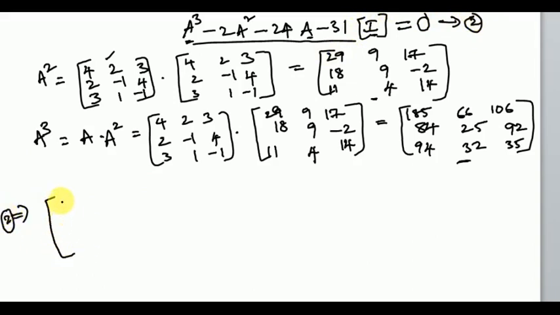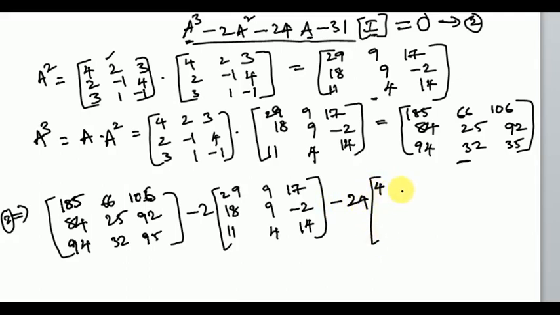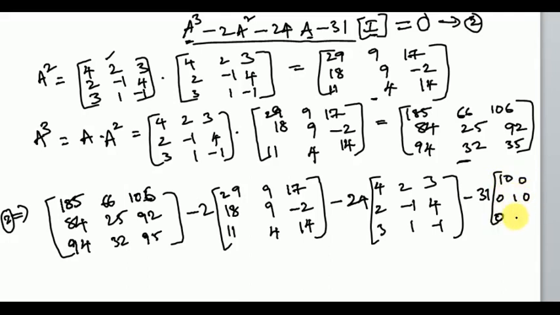You'll get A cube as 185, and minus 2 into A square, 29, 9, 17, 11, 4, 14, and minus 24 A, 4, 2, 3, 2, minus 1, 4, 3, 1, minus 1, and minus 31 I, 1, 0, 0, 0, 1, 0, 0, 0, 1.